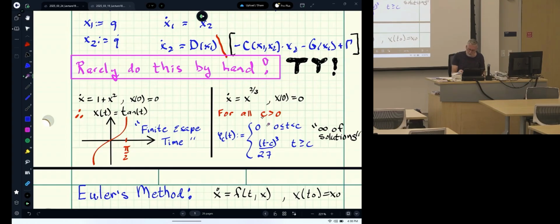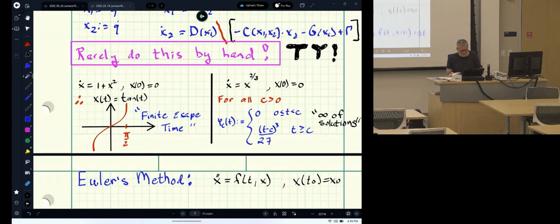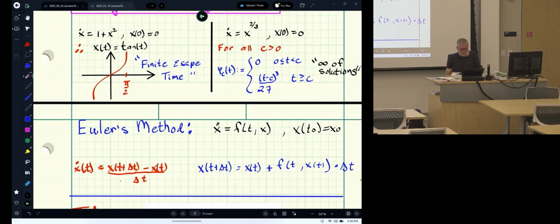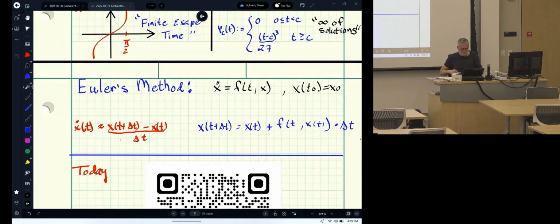So for every constant c greater than 0, this function is a solution. And we saw a video where that could be interpreted as a ball sitting on a mound, and then at some random point in the future, the value of c is chosen, and then you get the solution starting at that time. So, kind of mind-boggling, to be honest with you.